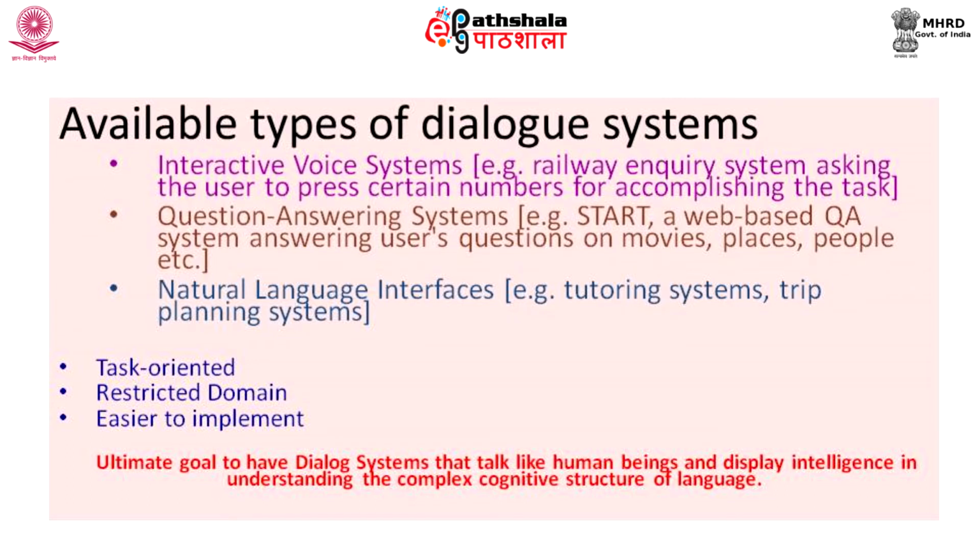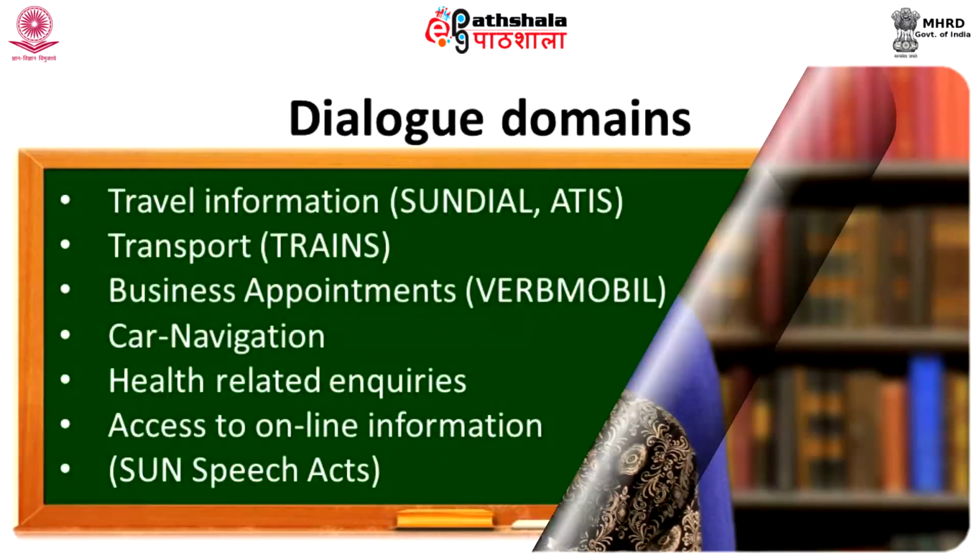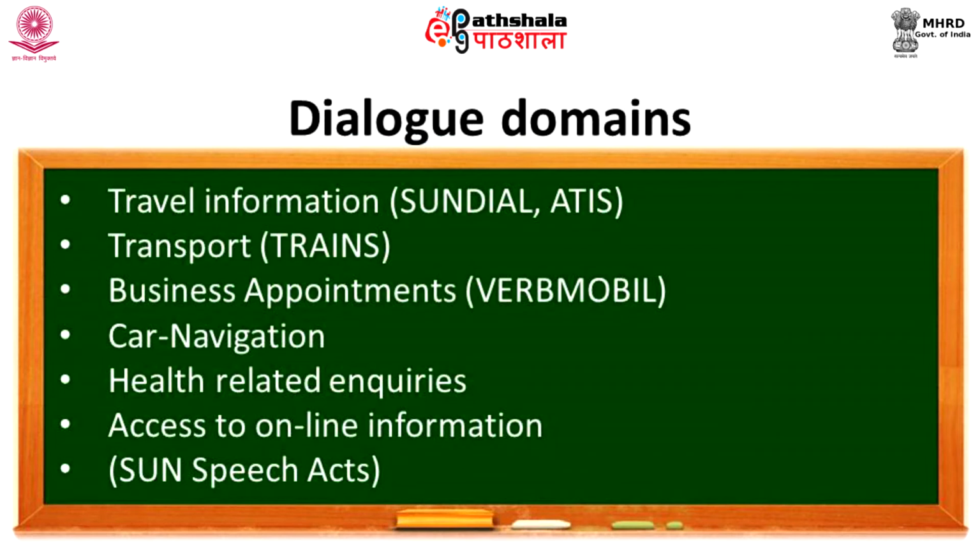In simple words, dialogue systems have to be like humans, talking like humans, thinking like humans, and responding like humans. Currently, dialogue domains are in travel, transport, business, car navigation, health-related inquiries, or just any online information access.